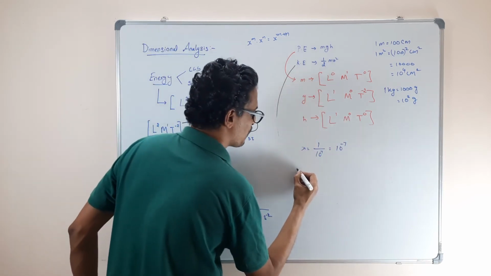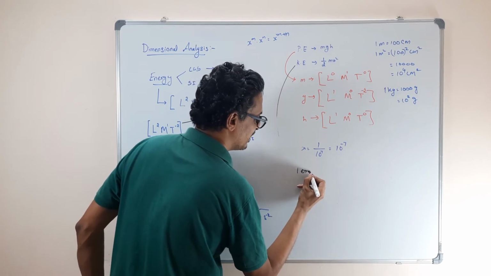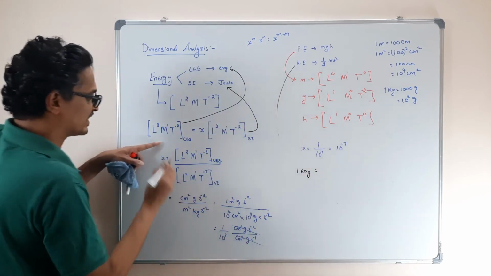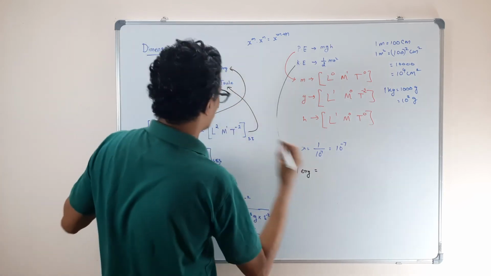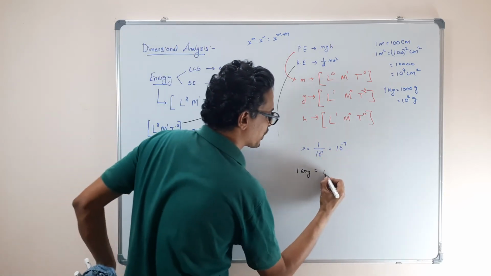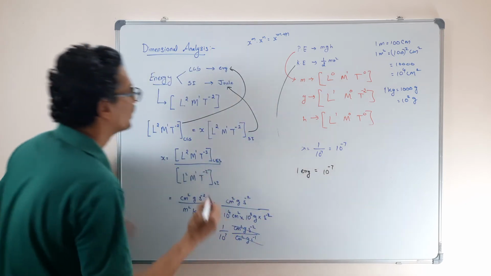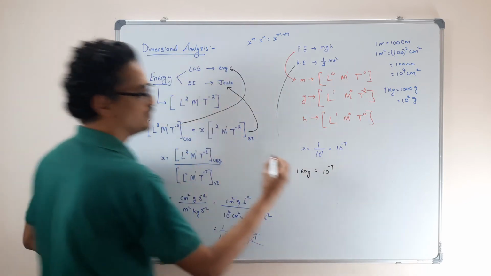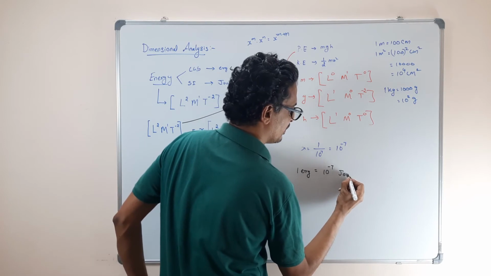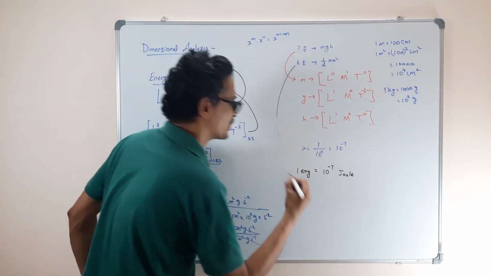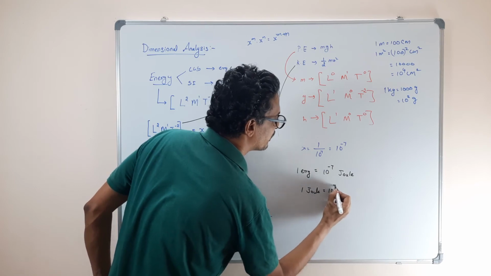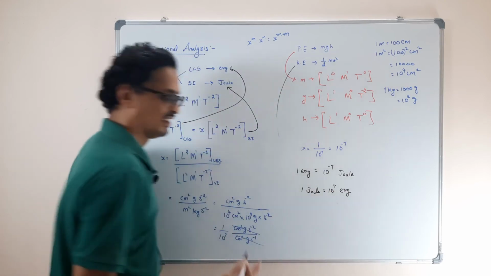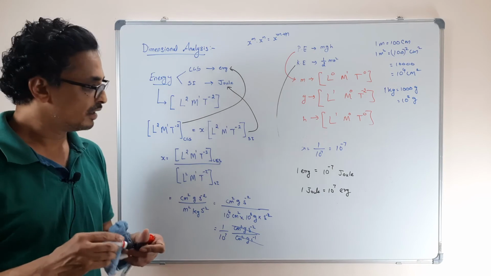So 1 erg equal to, that is because it is CGS, right? CGS unit is erg, correct? 1 erg is equal to x is equal to 10 to the power of minus 7 times, and SI system is joule. Or you can write it reverse also. 1 joule equal to, tell me, 10 to the power of 7 erg. Either of the way you can. Divided by 10 to the power of 7.